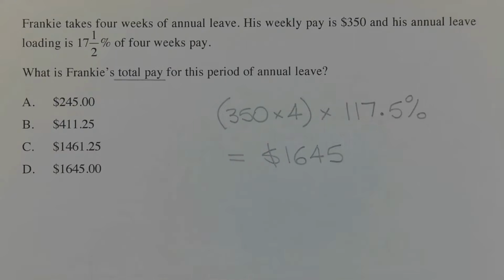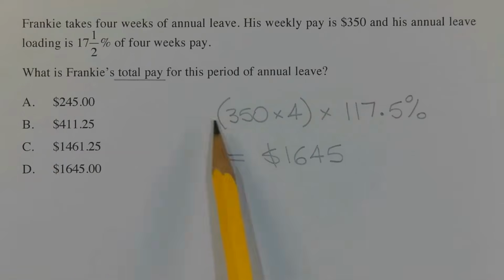So to find how much Frankie earns over 4 weeks, we multiply 350 by 4. We then need to increase this amount by the annual leave loading percentage of 17.5%, because on top of the normal 4 weeks' pay, he earns an extra 17.5% for the annual leave loading.